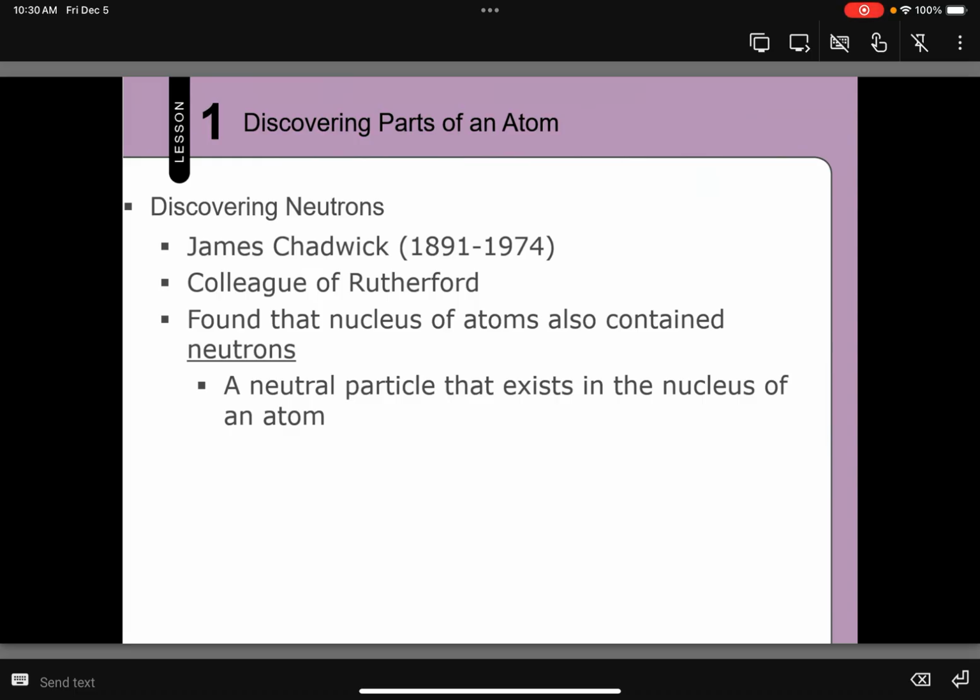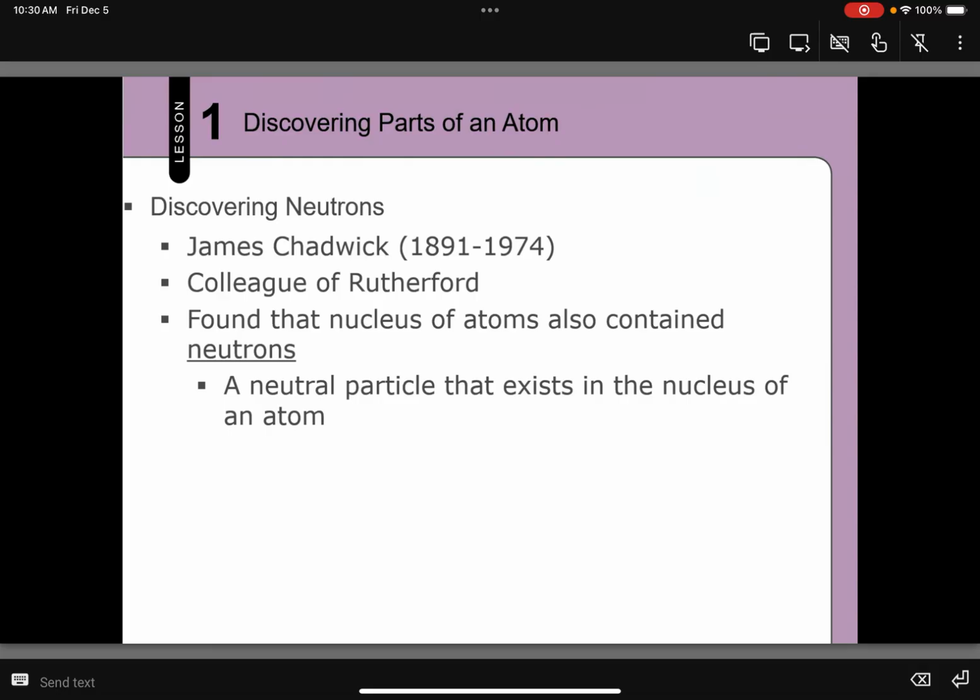Neutral means there's no charge to it, right? So now we have protons that are positively charged, electrons that are negatively charged, and now neutrons that are neutral.